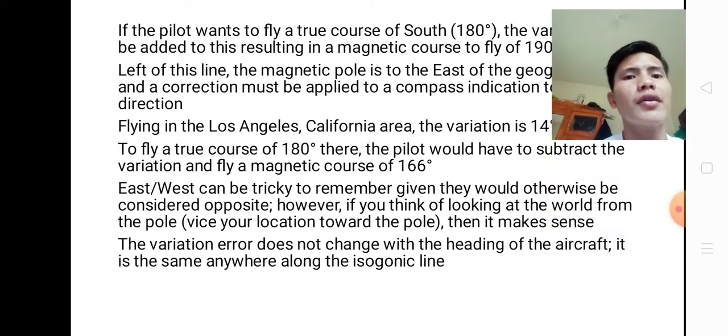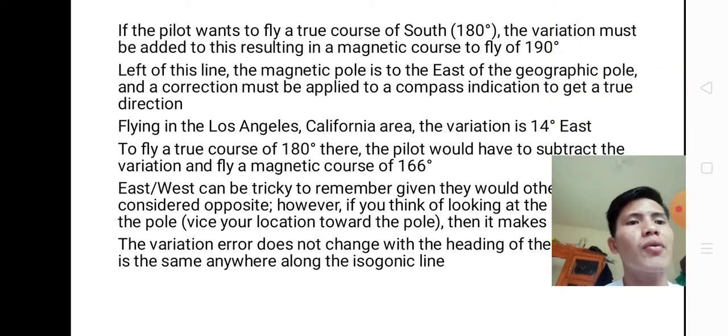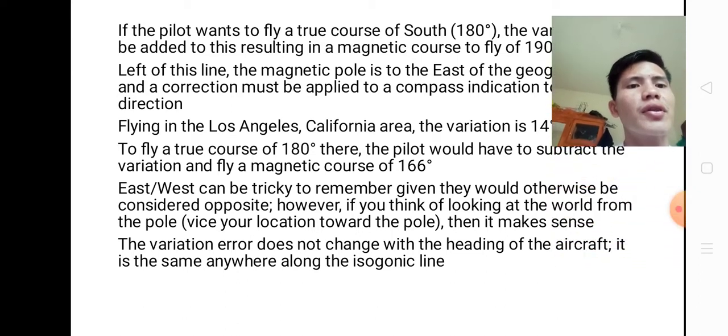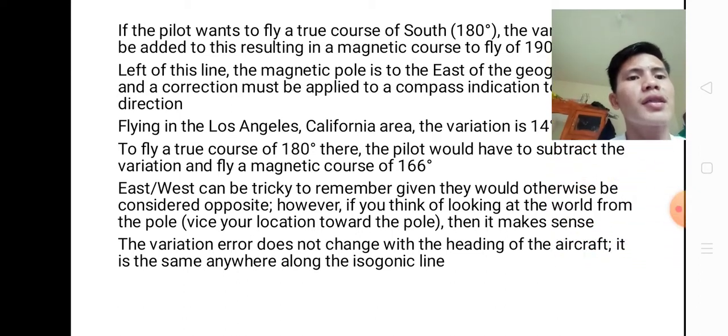To fly a true course of 180 degrees, the pilot would have to subtract the variation and fly a magnetic course of 166 degrees. So subtract 14 degrees from 180 degrees and the result is 166 degrees magnetic course.